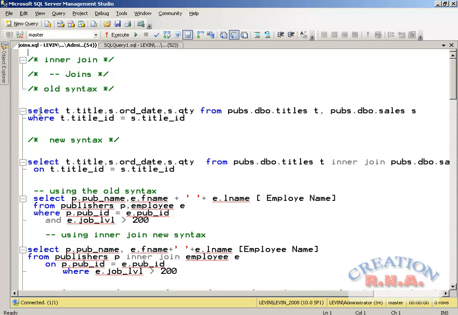Select title, sales order, sales quantity from pubs.dbo.titles. These two tables are related by the title ID: title ID equals s.title ID. In the sales table also there is a title ID. The title ID is the primary key in titles and a foreign key in sales. Let's see what happens when we run this query.